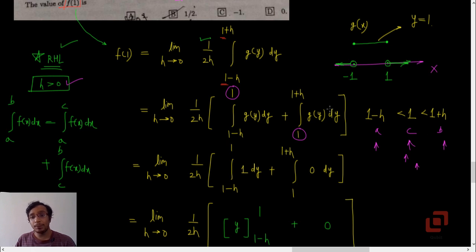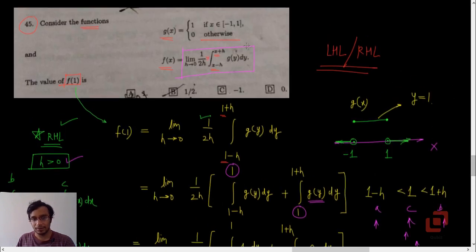Now because h is positive, for all values of x from 1 to 1 plus h, g of x is going to be 0, because it is 0 otherwise. So whenever x is greater than 1 or x is less than 1, g of x immediately goes to 0.